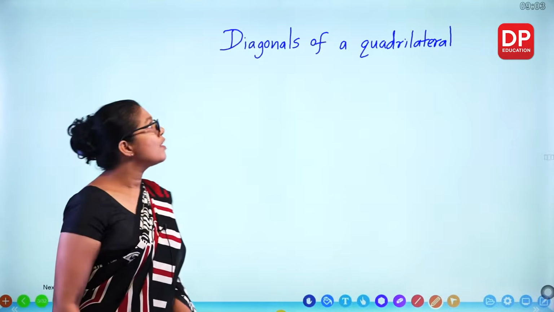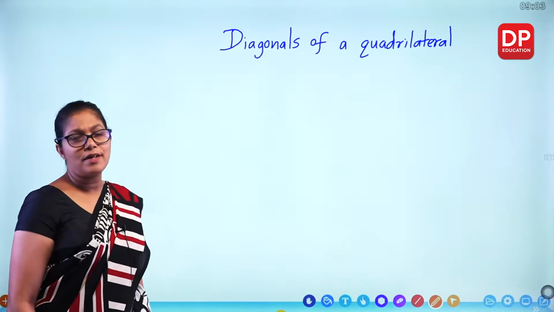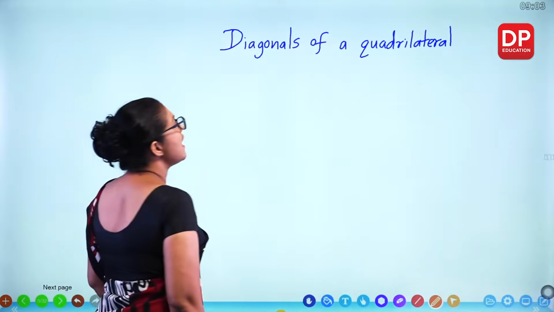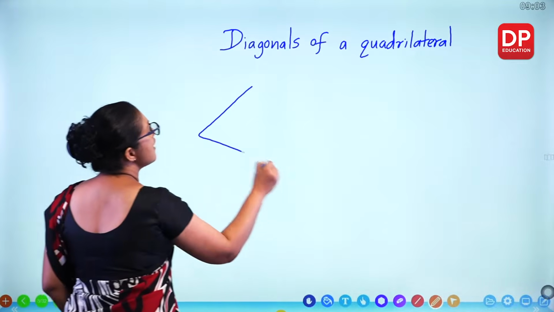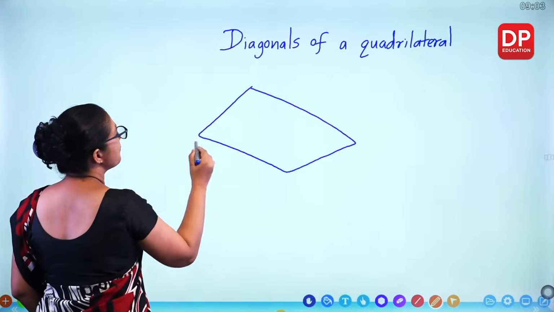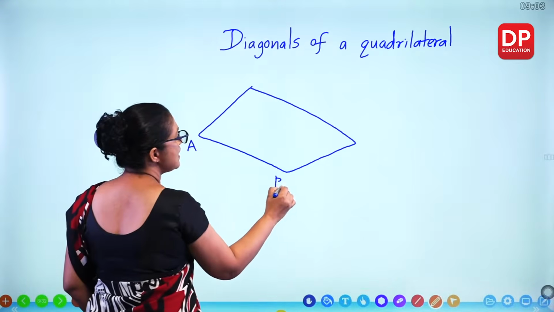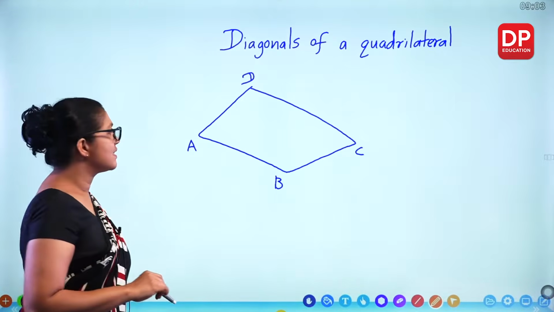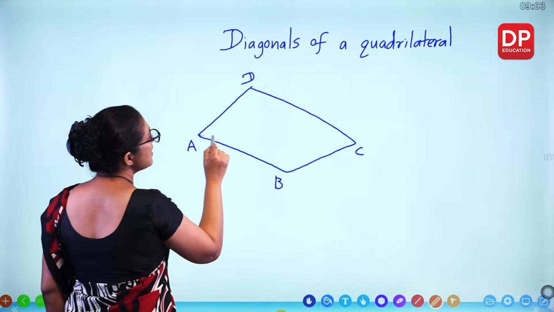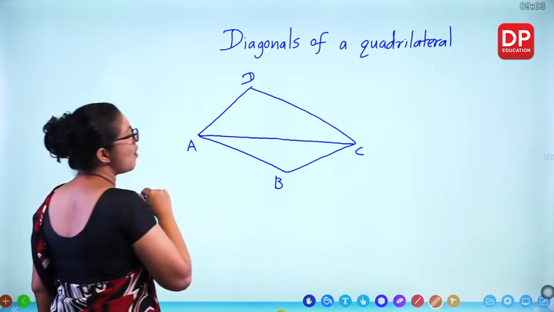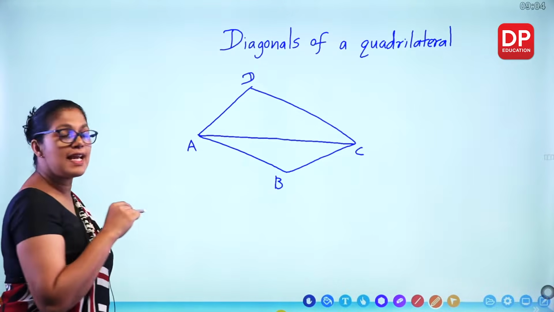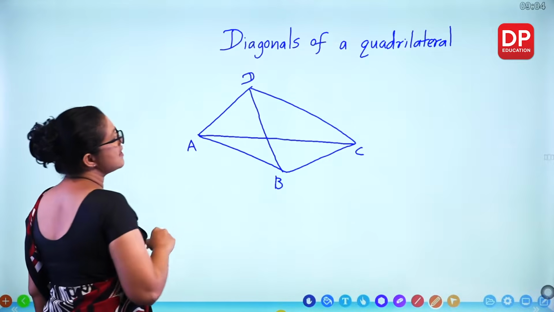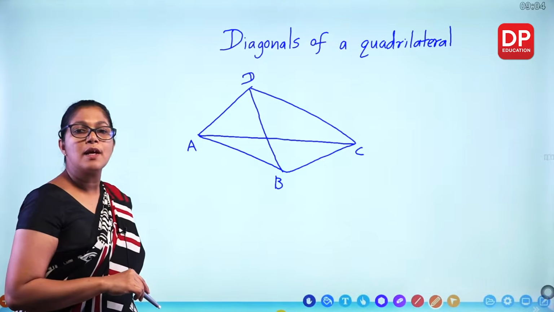Now we'll look at what is a diagonal of a quadrilateral. So how many diagonals are there? Take any quadrilateral, four-sided figure, A, B, C, D. So what are diagonals? When you connect A and C, opposite angles, you get AC line. And when you connect opposite angles B and D, you get BD line.